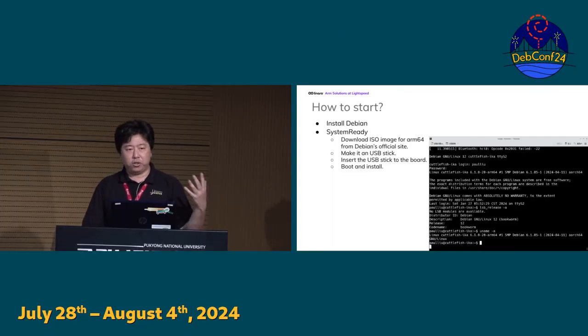You just download the ISO file from the official Debian website and dd that ISO file to a USB stick, insert that USB stick into the USB port and power on. Then you can install Debian step by step, but you have to connect the serial console.